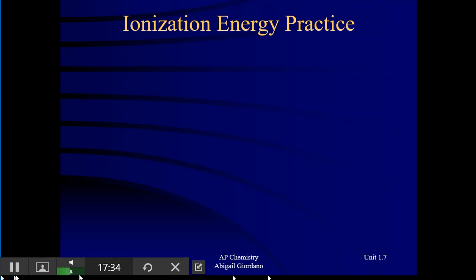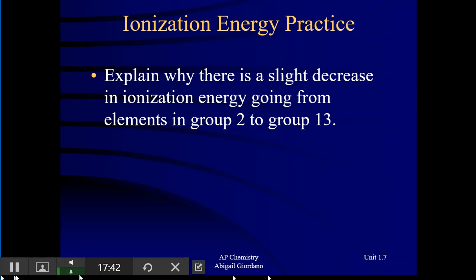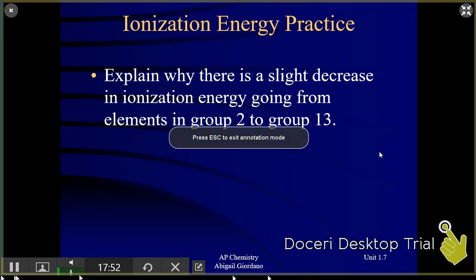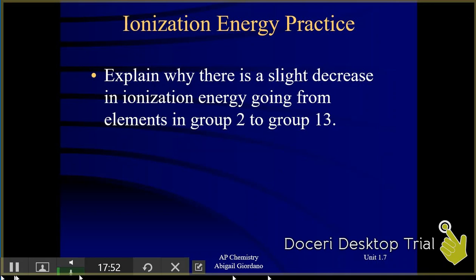However, and this is the essence of AP Chem, here's a big rule. Oh wait, there's a whole bunch of exceptions. And here's one of them. Explain why there is a slight decrease in ionization energy going from elements in group 2 to 13. And I have some actual numbers for you. I'm not making these numbers up.